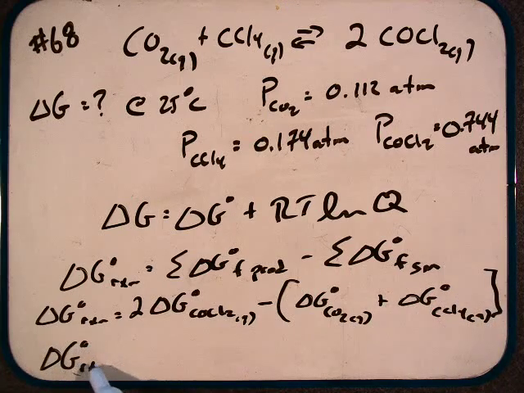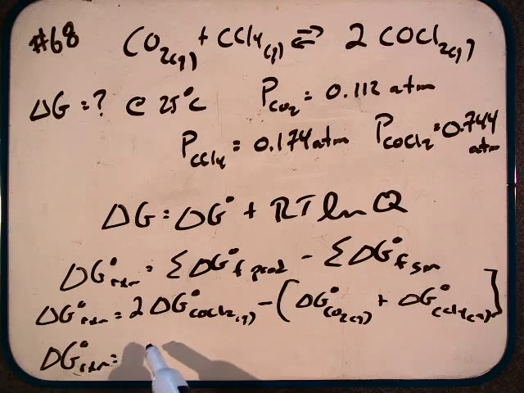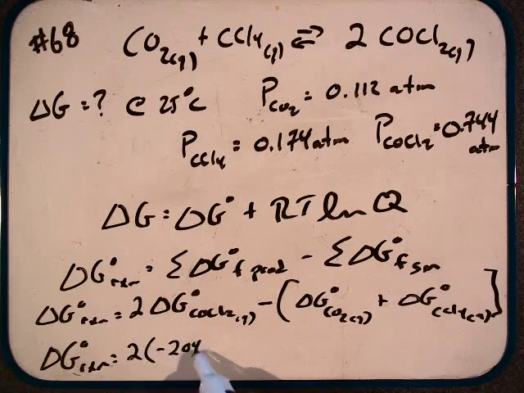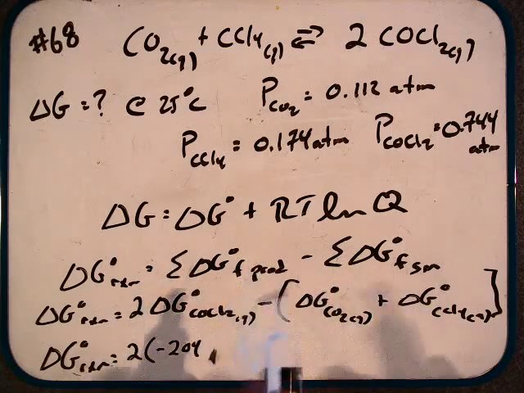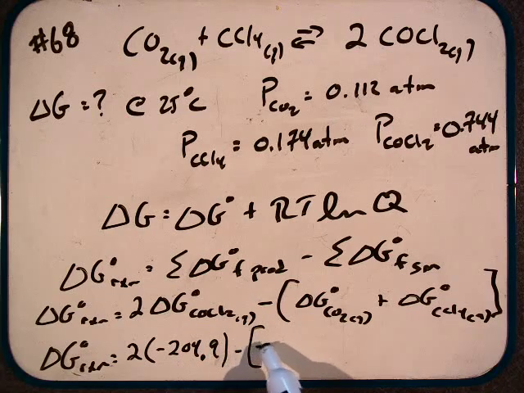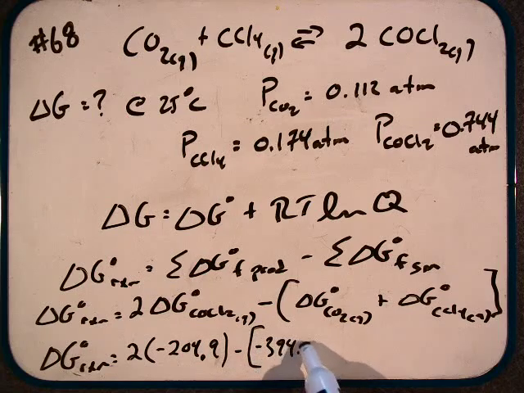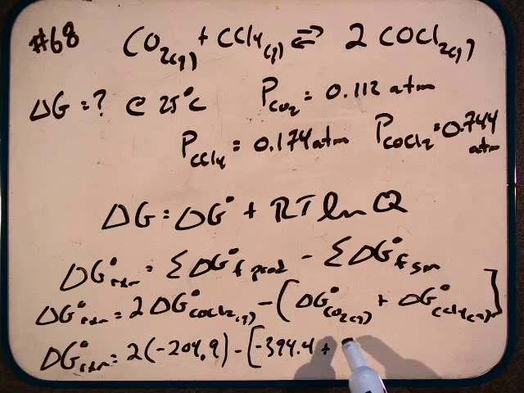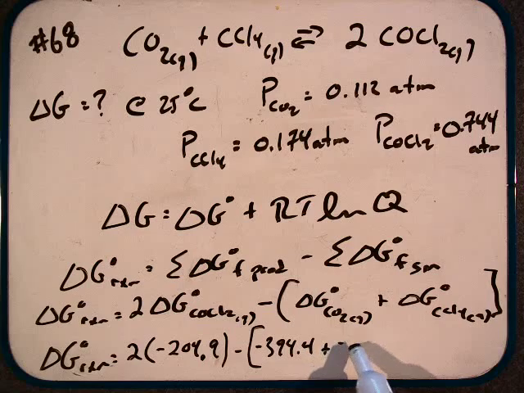And so if we substitute in those values, we would have 2 times a negative 204.9 minus then the sum of negative 394.4 plus negative 62.3.